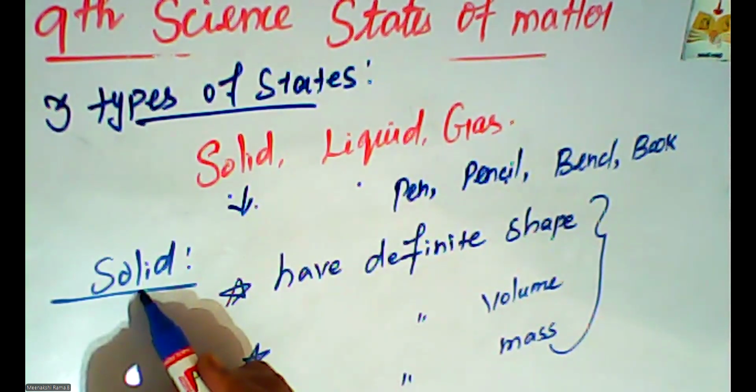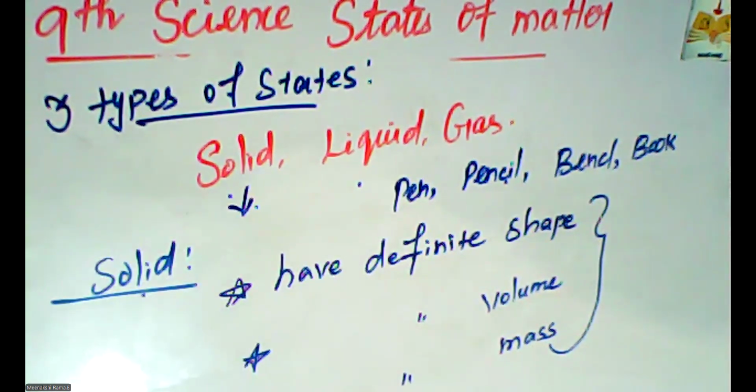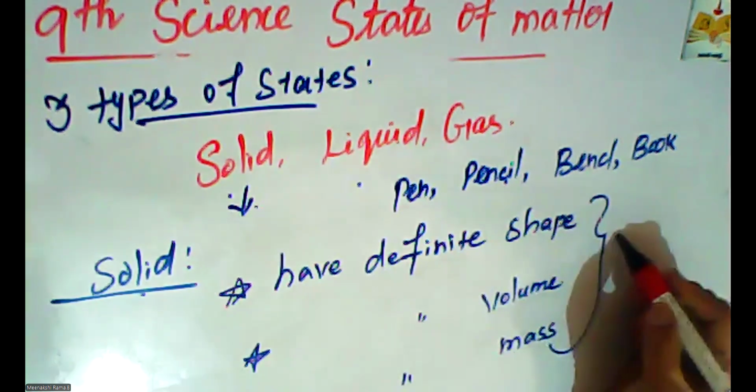Solid states means book, bench, glass material, rubber material. This is the group of solid state materials. They have definite shape, volume, mass, and clear boundaries.